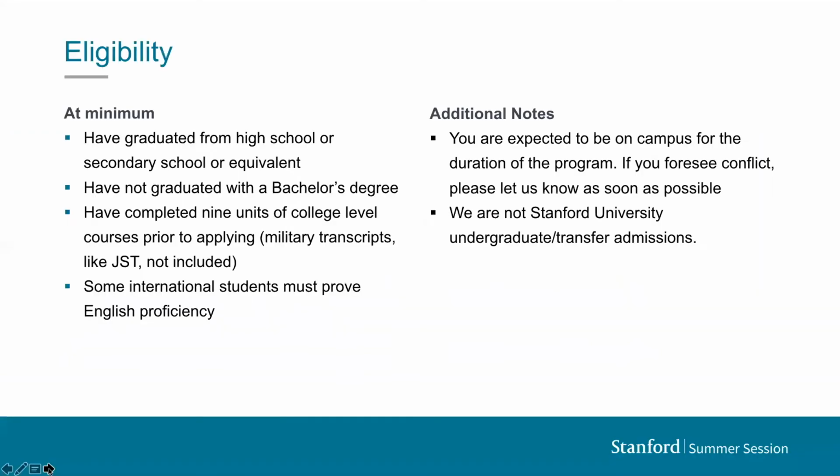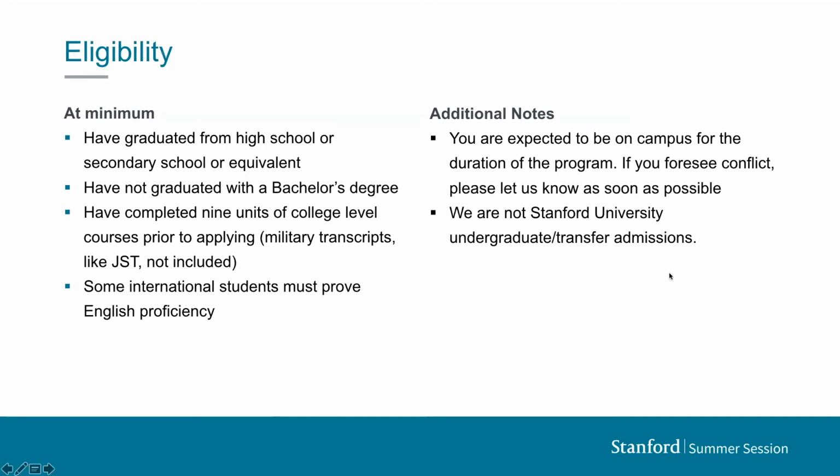So we'll go ahead and start with eligibility requirements. Make sure that you understand these minimum eligibility requirements. If you don't meet these, then maybe this isn't the appropriate summer for you, but maybe a future summer is. Students have to have graduated from high school or secondary school or equivalent. Students must not have graduated with a bachelor's degree yet.